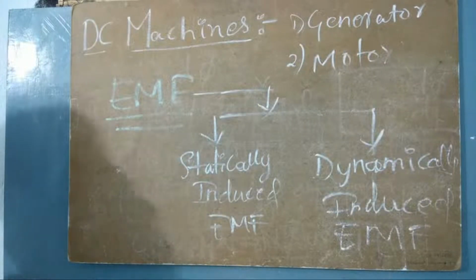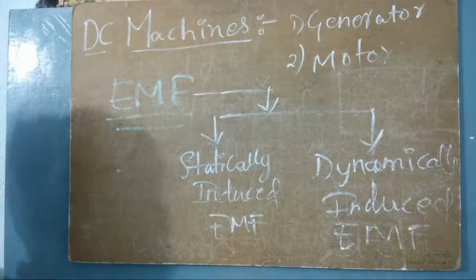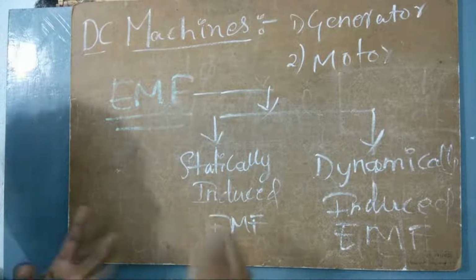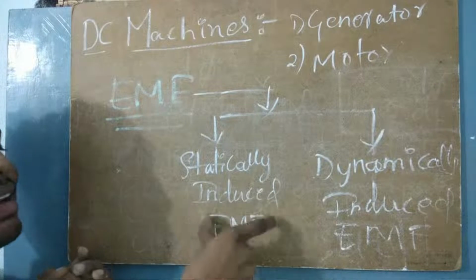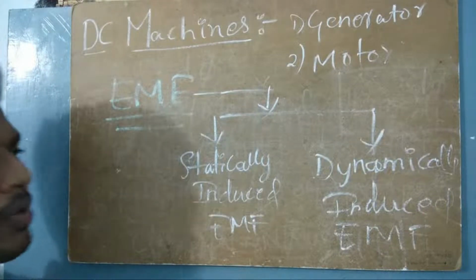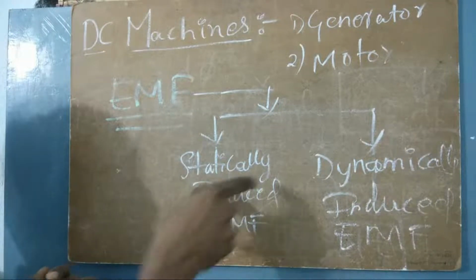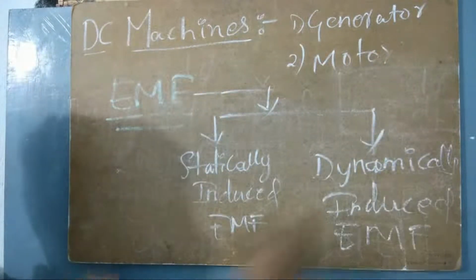So what are the kinds of EMF we have here? One is statically induced EMF, and I'll tell you what this means. Don't worry about it. And this one is dynamically induced EMF. What is called static and what is called dynamic? Let us understand this also.